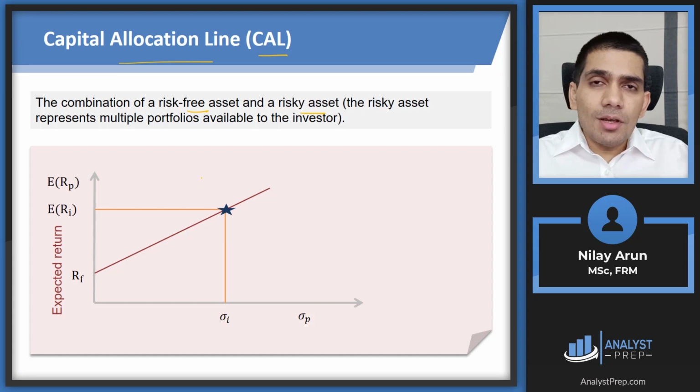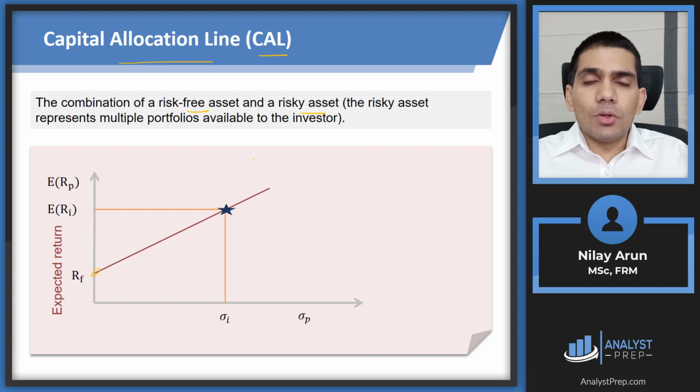By definition, a risk-free asset is something that is not going to carry any risk, but it's still going to give you the risk-free rate of return. That's why it plots exactly on the y-axis. Why? Because it does not have any risk, so it's not moving to the right at all. That's why it's the intercept term that you have. So that's your risk-free asset.